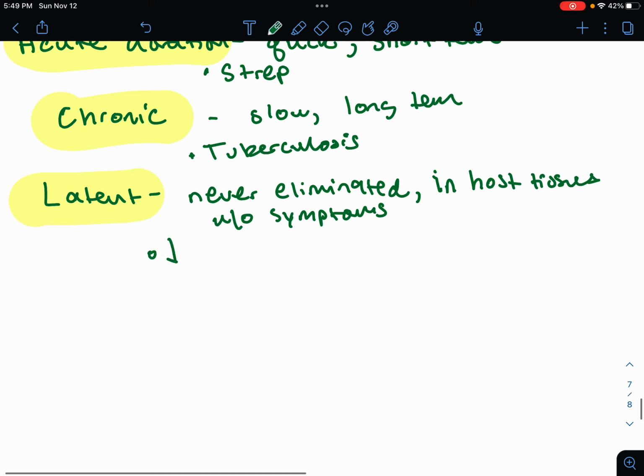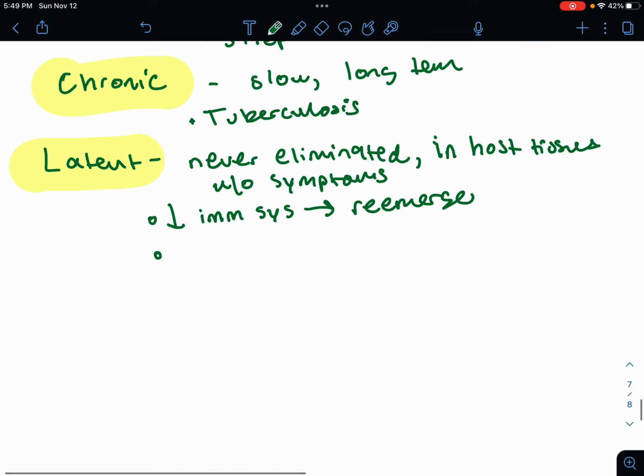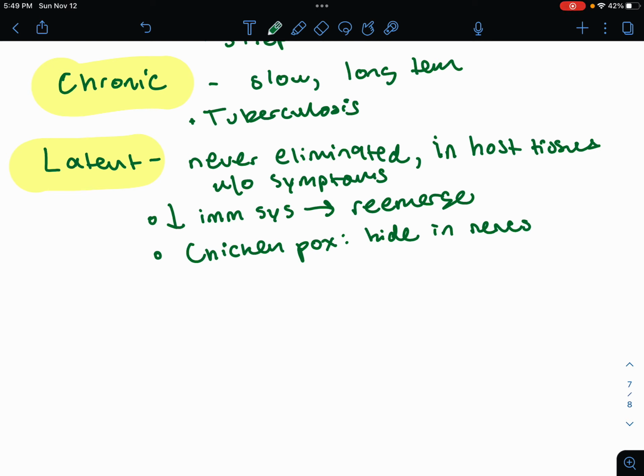However, when we decrease our immune system, this could cause it to reemerge or flare up. For example, chickenpox. This virus will actually hide in the nerves, and it's going to then later produce these particles to cause shingles.